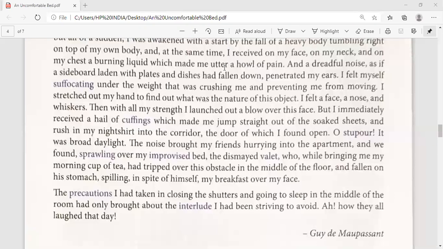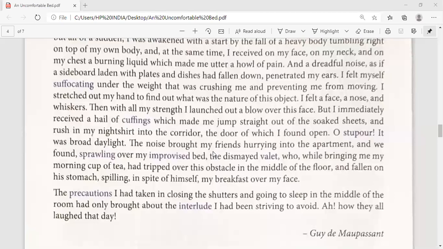How they all laughed that day. So, beta, actually, the story is that he took so many precautions because he was doubtful that his friends had planned something. But fortunately, this time his friends did not plan anything.